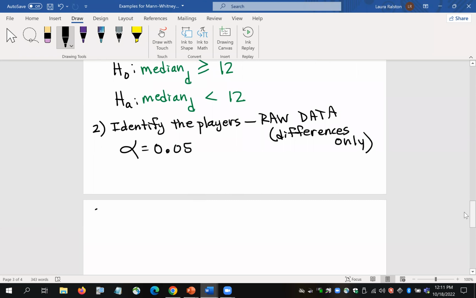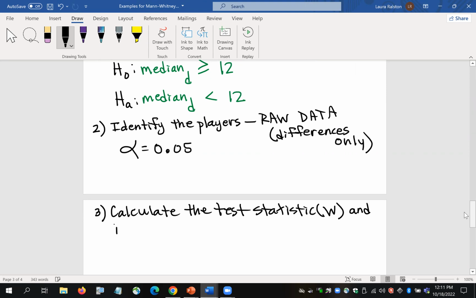So then step 3, we're going to calculate the test statistic, which again in this case is W. Okay, they're doing the Wilcoxon signed rank. Wilcoxon starts with W, so that's why you get a W.